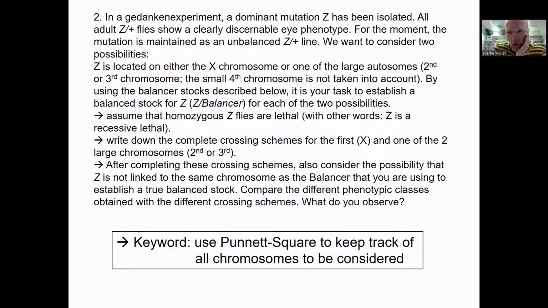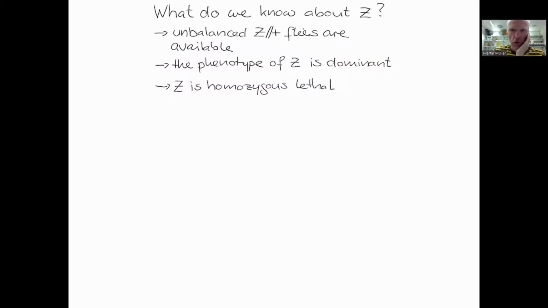One could have done it without the Punnett square also, but here you will see that things can become a little bit more involved, and then it's good to use the Punnett square to keep track of all the gametes and all the diploid progeny. Okay, so what do we know about Z?